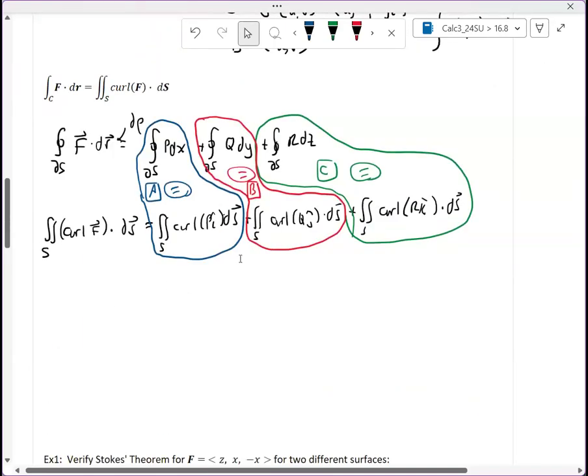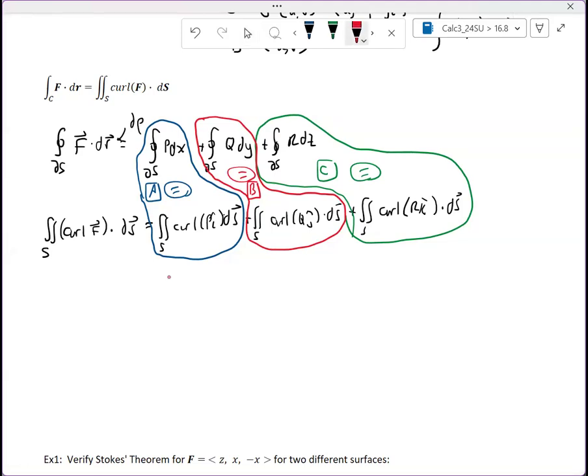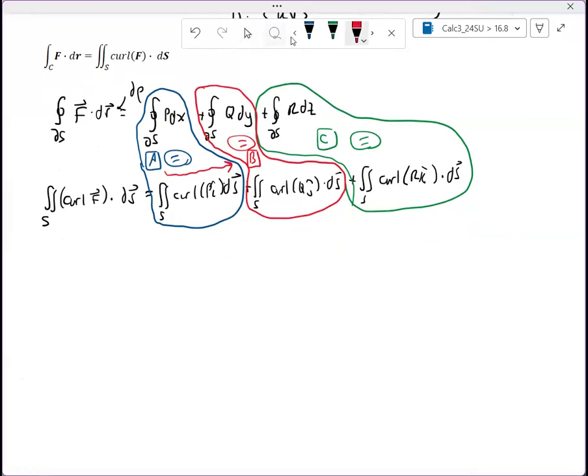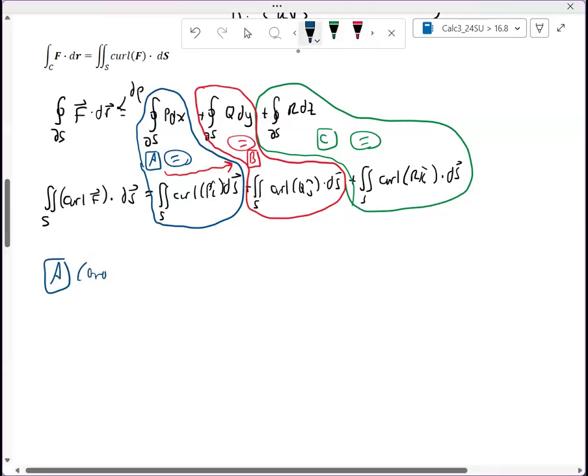But okay, so I'm going to prove A. This will essentially give me for free a proof of B, and then I'll prove C separately. So a proof of A, and for free the proof of B, goes as follows.